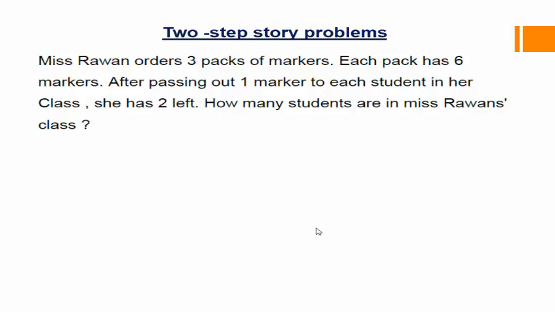After passing out 1 marker to each student in her class, she has 2 left. How many students are in Miss Rawan's class? To know the total number of students, first we want to know the total number of markers, right?